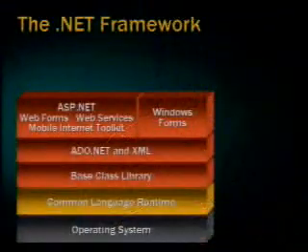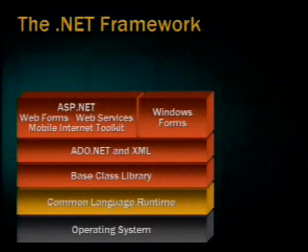On top of the common language runtime, we have a whole set of class libraries, starting with the base class library that provides a bunch of common functionality such as file I/O, string handling, access to TCP/IP, for example.